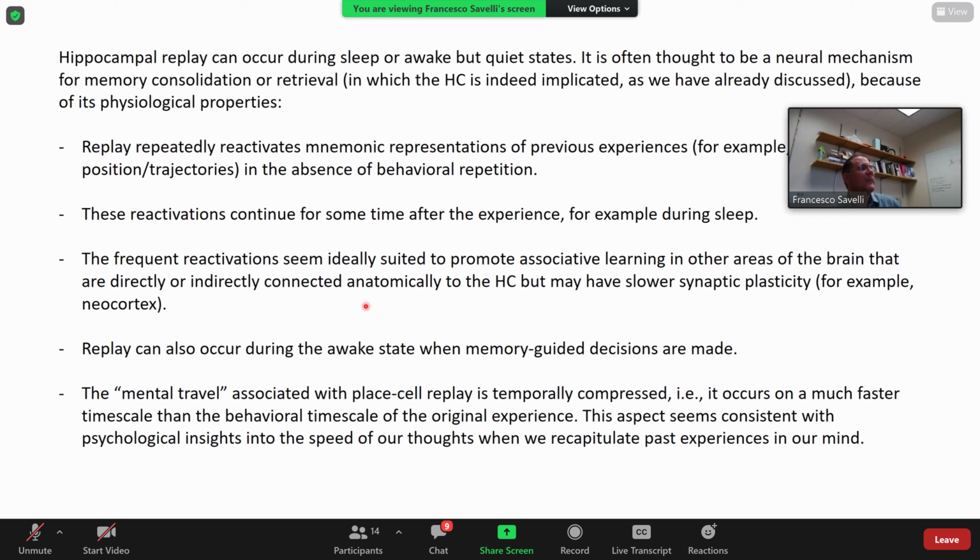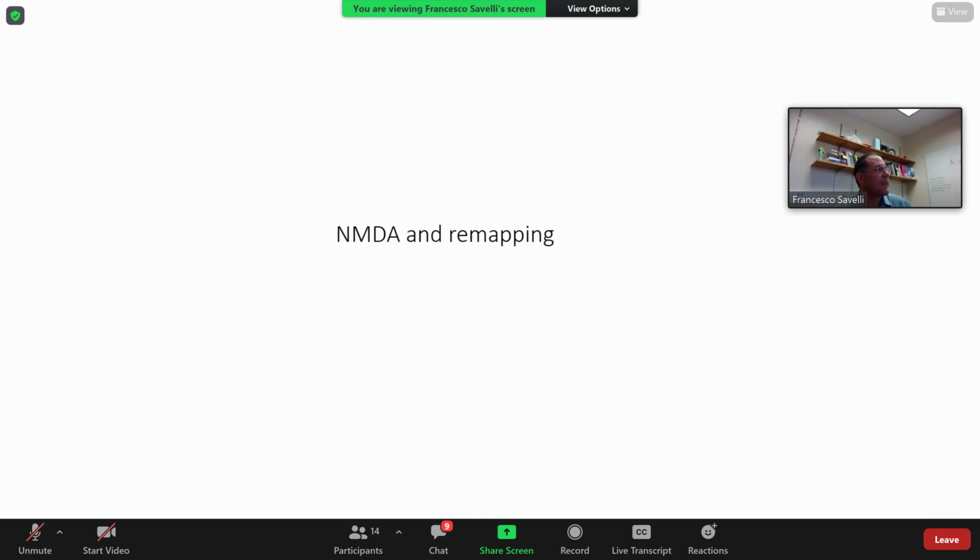And then replay in the awake state might be memory-guided decision. So path planning: we saw the rat imagining paths to the goal. It knows where the goal is, and now it's planning a path to the goal. So it's a memory-guided decision. In a way, planning is memory-guided, or even mental travel that is temporally compressed, either for memory or replay.